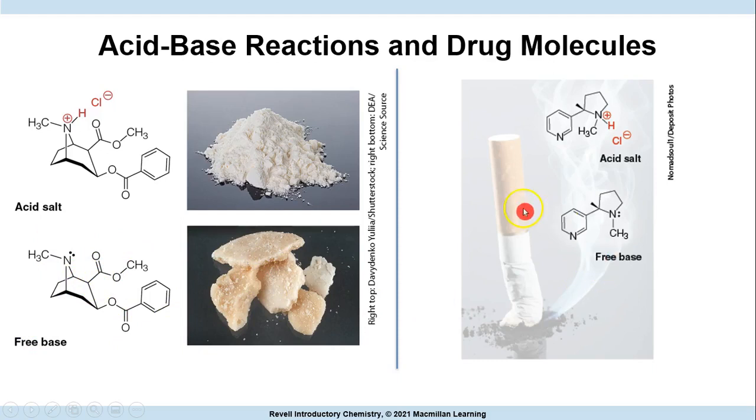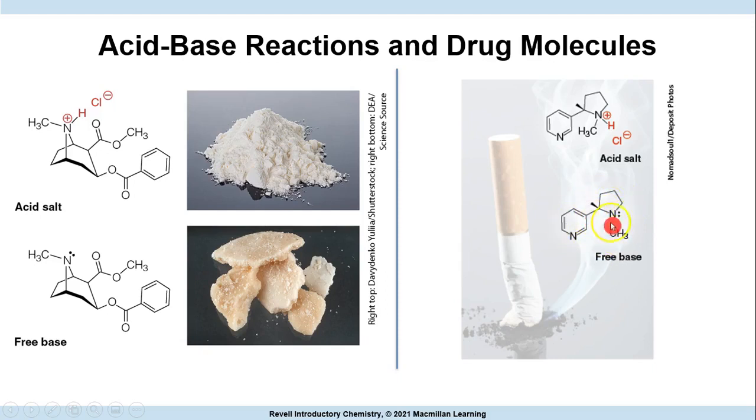Now the tobacco industry, the cigarette industry as well, they use acid-base reactions. So tobacco contains nicotine. What the cigarette companies do is react the tobacco with ammonia. The tobacco is acidic, so when they react it with ammonia, it forms the free base nicotine.